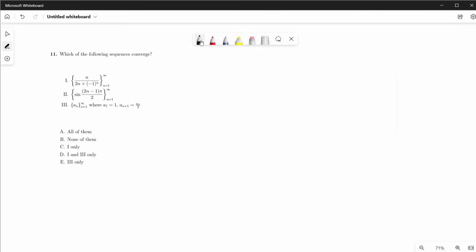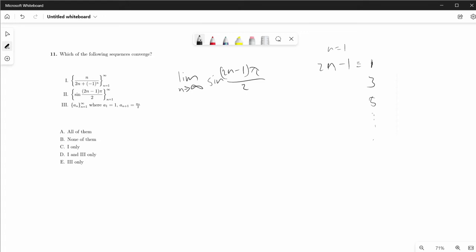For the second one, we have a sine. So again, take the limit of n going to infinity. What is this 2n minus 1 saying? Especially when n is an integer, for n equals 1, this is 1, and then it will be 3 for n equal to 2, 5, right?